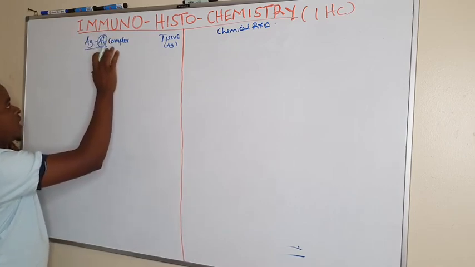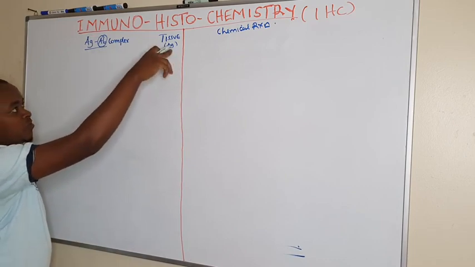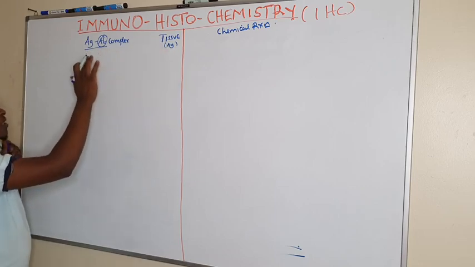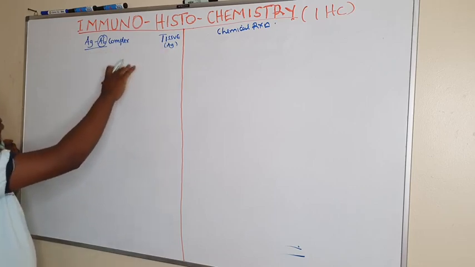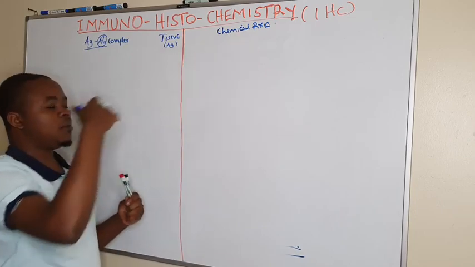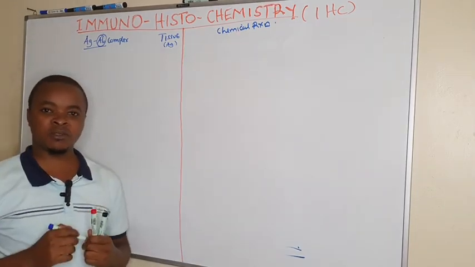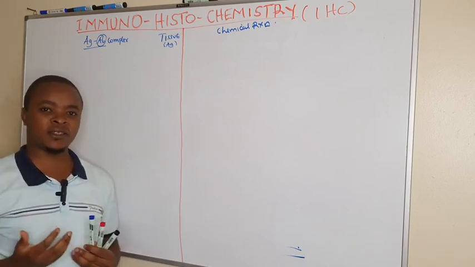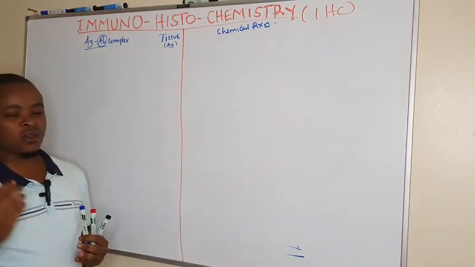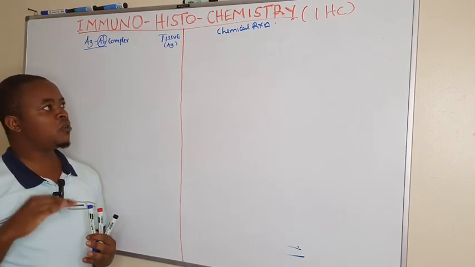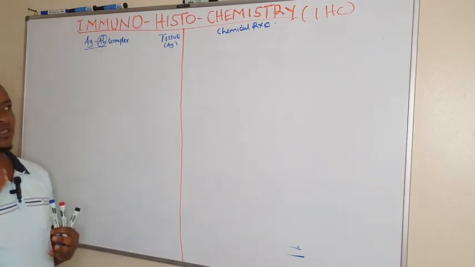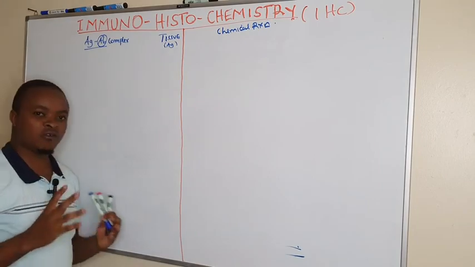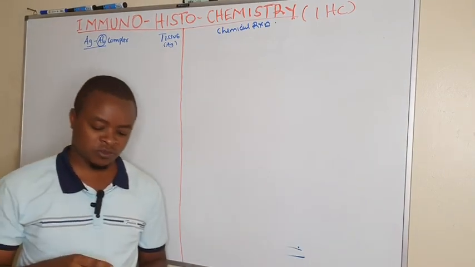And when the reagent containing a specific antibody to this antigen epitope, they are going to react to form an antigen-antibody complex, which is visualized by using chemical substances like fluorescent dyes, enzymes, or radioisotope labels, or we can even use immunogold, or colloidal gold. So this is the overview of immunohistochemistry.